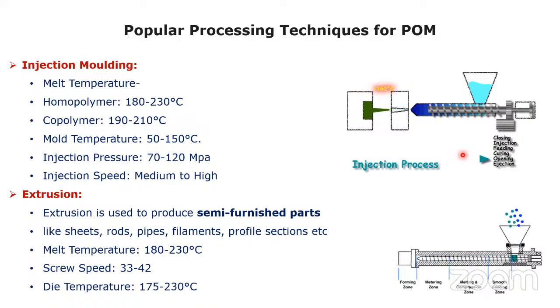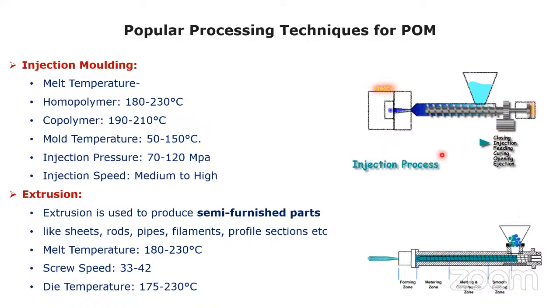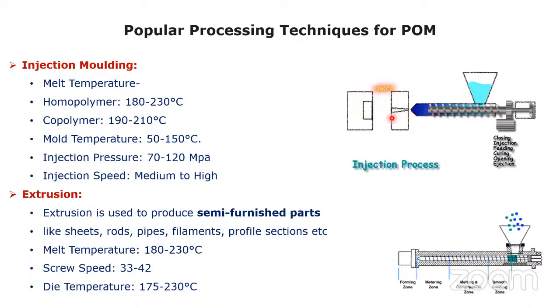So how does it work? When the material flows from the screw barrel to the injection part, it will flow through the cavity, and on the core side there will be some structure that gives the shape of the article. This is the process we call injection molding.